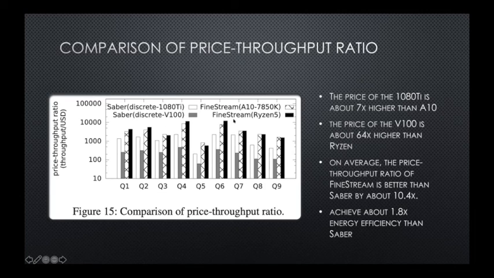Compared to Sabre on the discrete architecture, the price of the 1080 Ti is about 7 times higher than the A10, and the price of the V100 is about 64 times higher than that of the Ryzen. On average, FineStream is better than Sabre by about 10 times, and FineStream is about 1.6 times more energy efficient than Sabre.